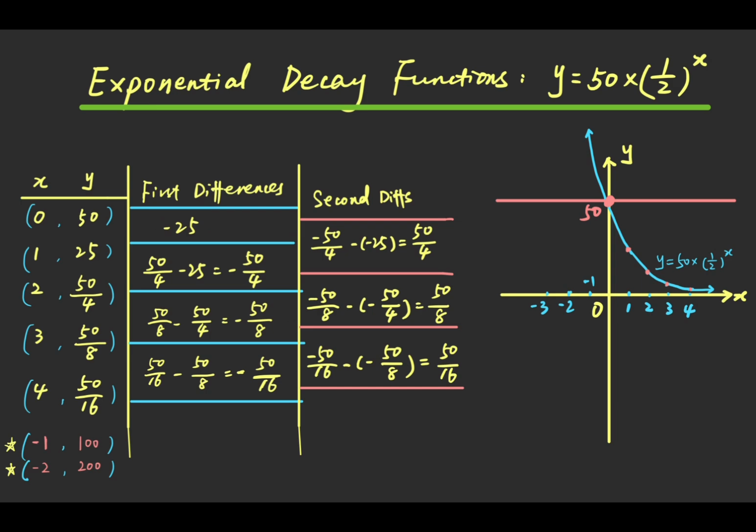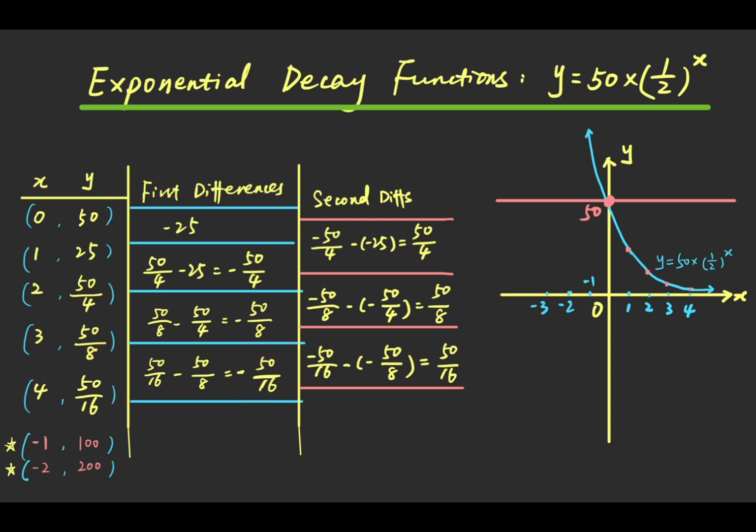If you continue this process, you can get the next first difference. This number will be used to subtract the previous y value. They are successive y values. Go on, and you will get this first difference.